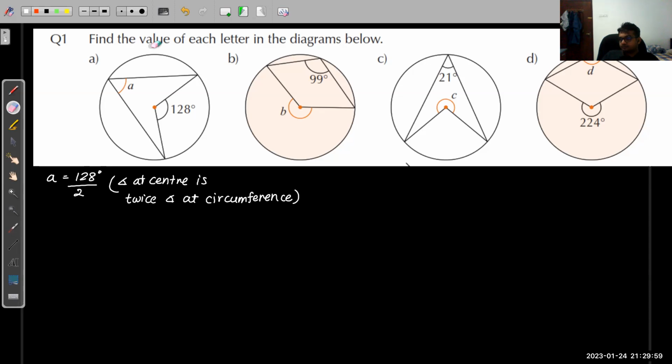Okay, cool. So the value of A will be A equals 64 degrees.